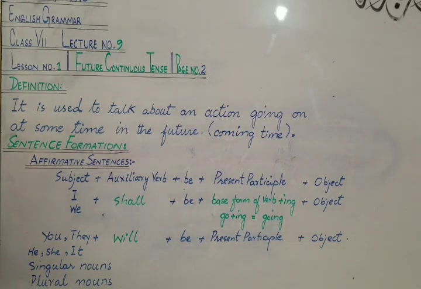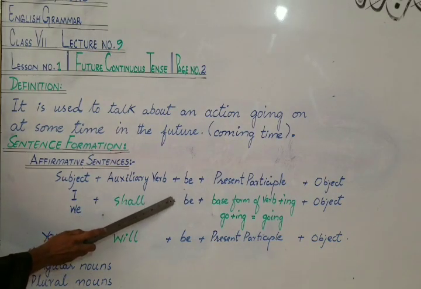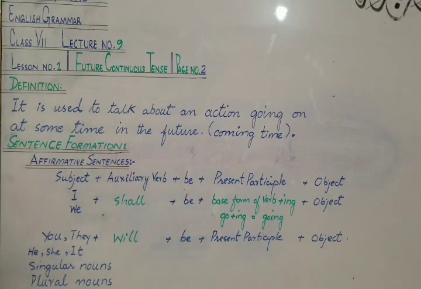Let's suppose if we have I or we as a subject, we would use auxiliary verb shall. उसके बाद be, then present participle. What is present participle? Present participle is a base form of verb plus ing. Example, go plus ing is equals to going, and it is a present participle form of verb.